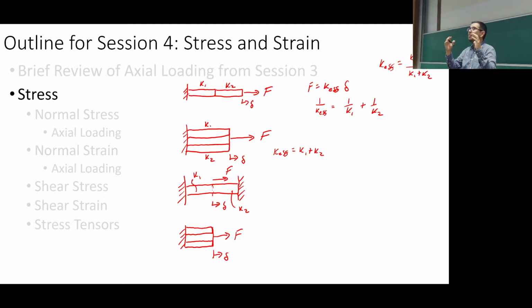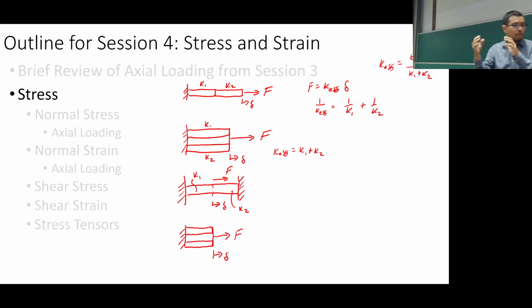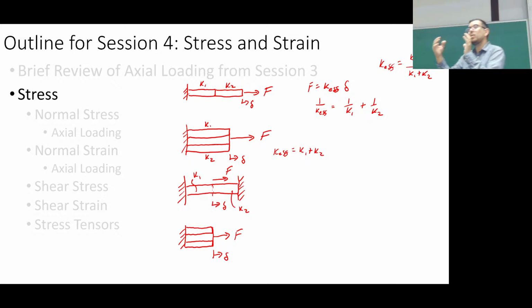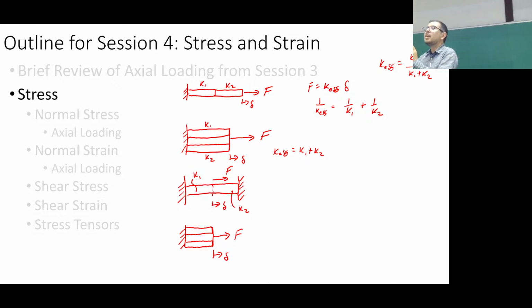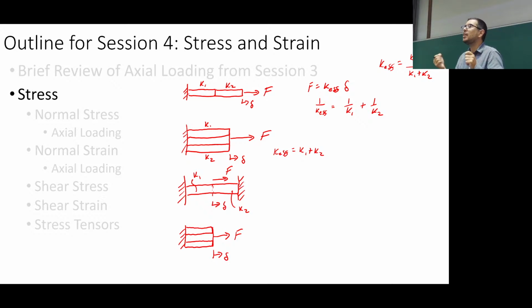The one on the left is being put in tension, and the other one on the right, at least the way I drew the force, it's going to be put in compression. In terms of the stiffness of each of these elements, does it really care if it's in compression or tension? No, it doesn't. So both of these elements are opposing that force that I'm putting on the system. So that's one clue.